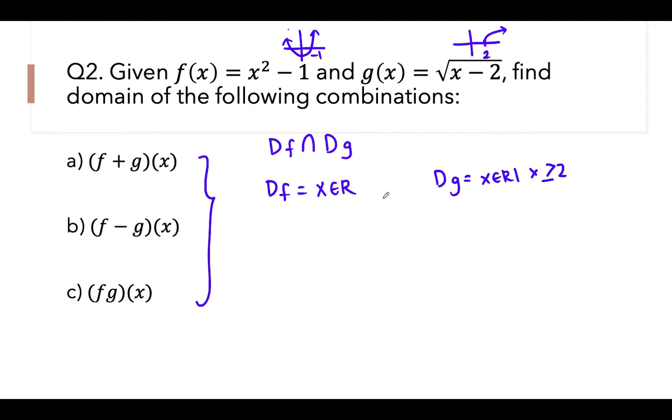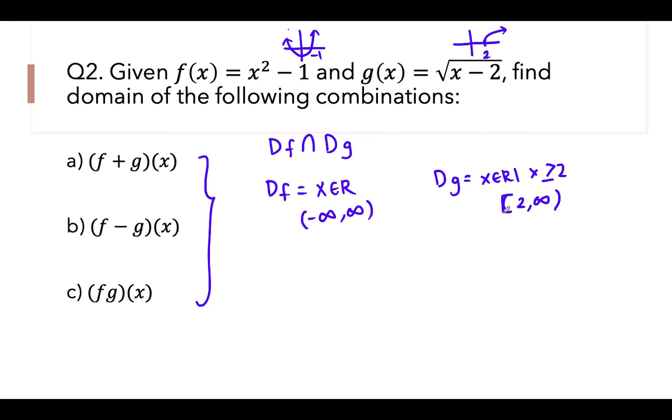Okay. So if I want to write it in interval notation, it will be -infinity to infinity for f, and for g it will be square bracket 2 to infinity. So where would they intersect?